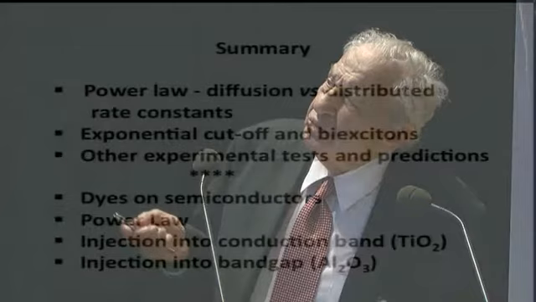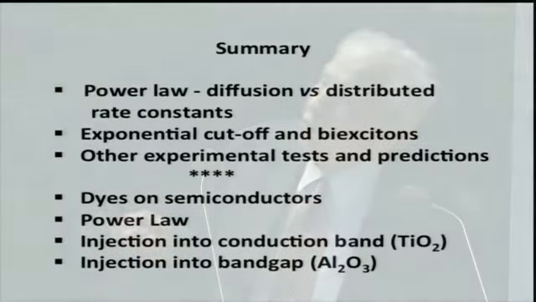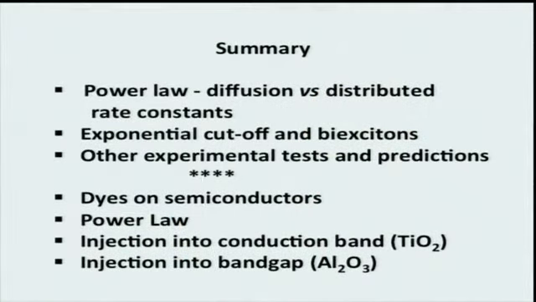Well, this is a summary then. What we try to do, this power law, I mentioned this, what I call distributed rate constants thing, this tunneling from a distance and so on, that some people favor. And then I spoke about this exponential cutoff and the role played by excitons and various other experimental tests, and we made predictions.